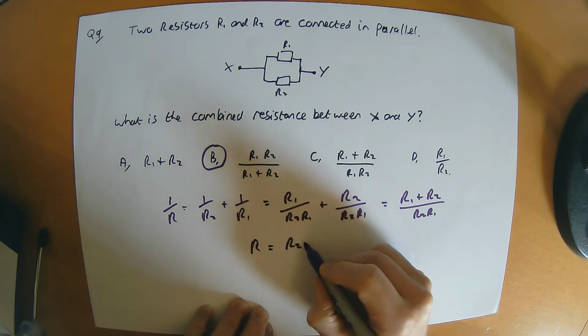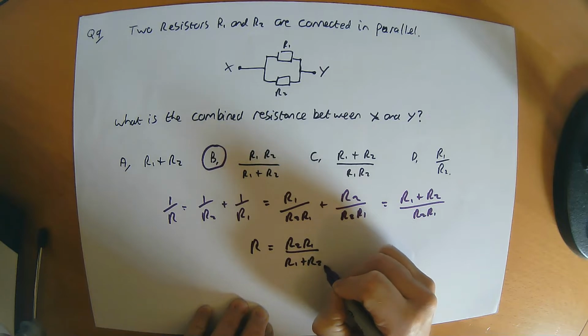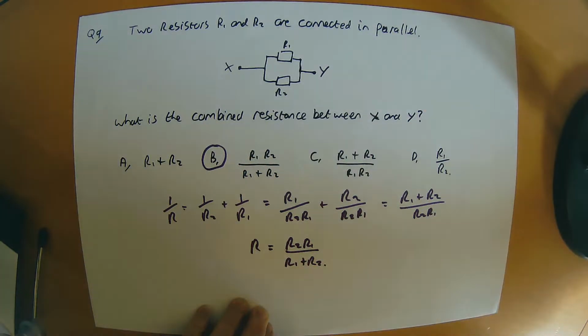It's R2 R1 divided by R1 plus R2, which is B.